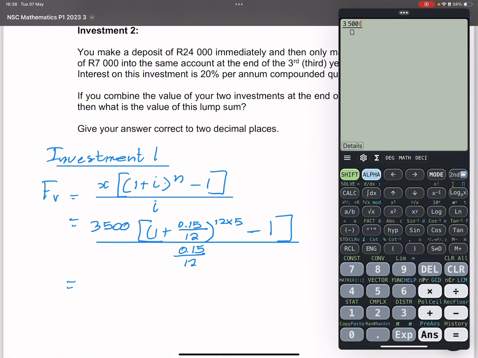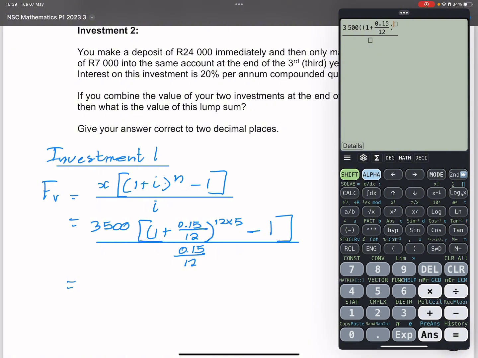So this is going to be 1 plus 0.15 divided by 12, and we raise this to the exponent 12 times 5, which is 60.